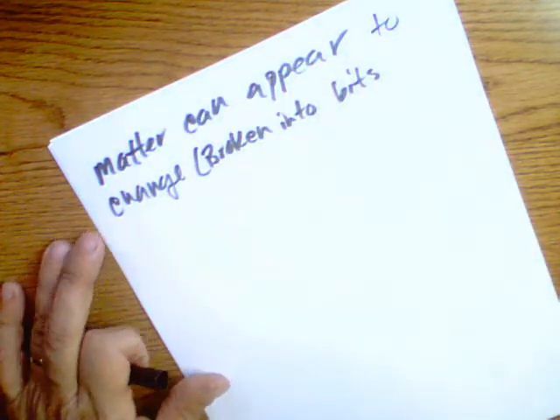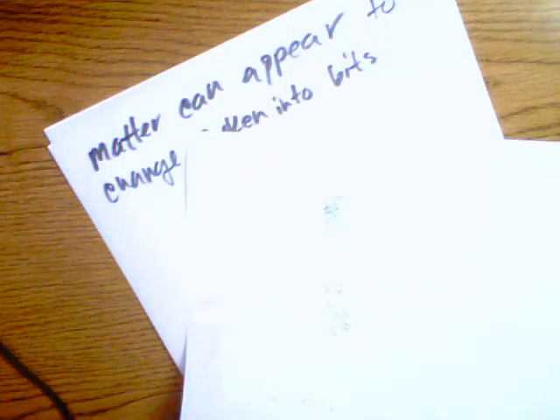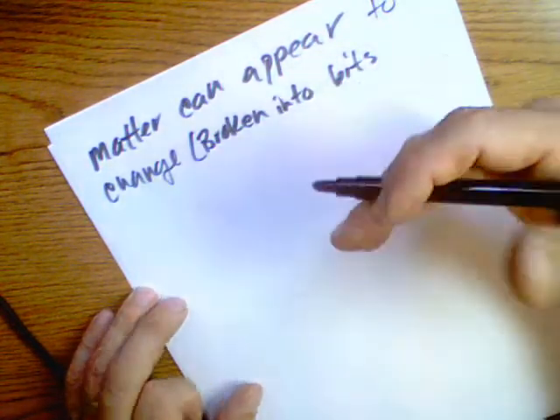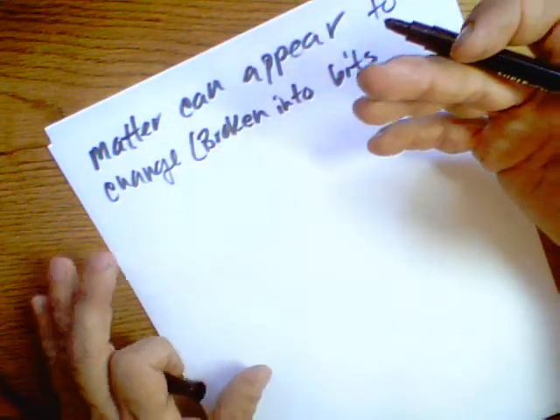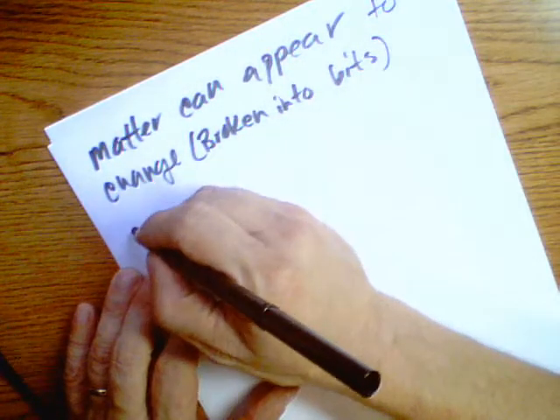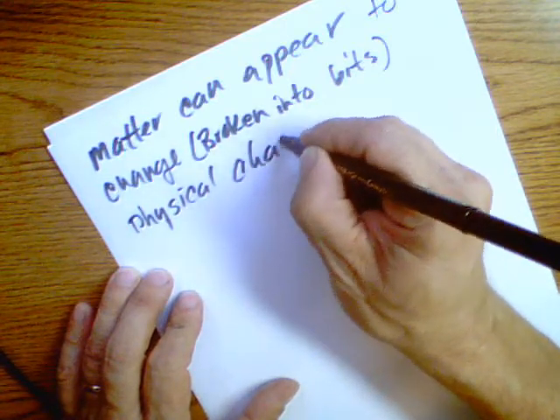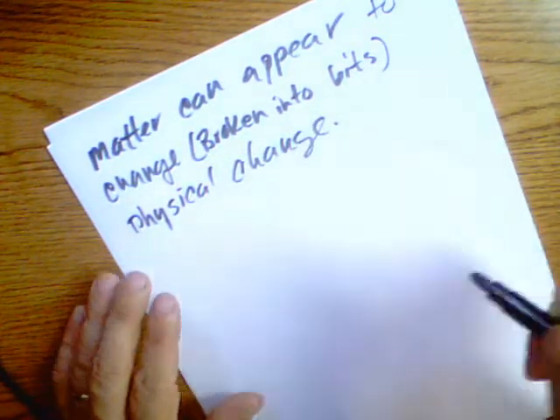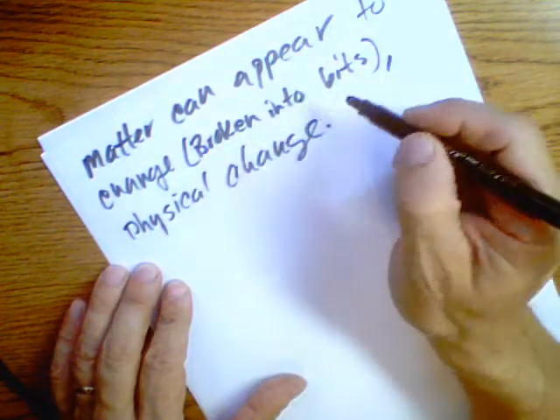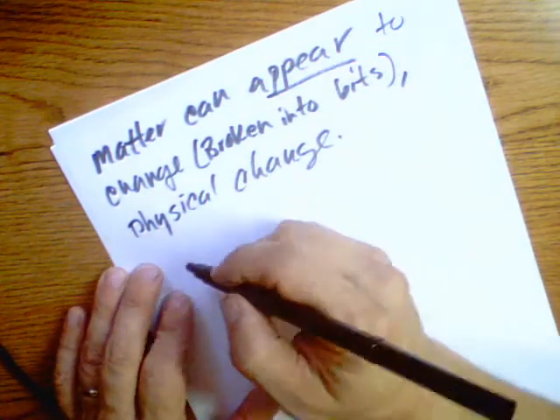If I took this piece of paper and shredded it and then stomped on it, mixed it with water, it appears to change, but it doesn't really change, and we call that just a physical change. The key point there is that it appears to change, but it doesn't really.